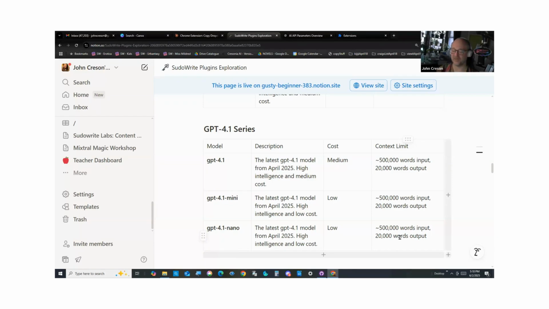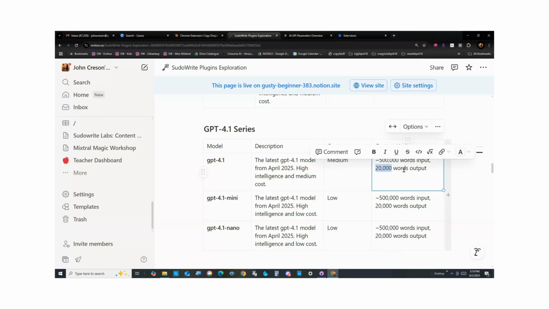You can look at a lot of books for 500,000 words, and then you can spit out a next one in the series. So theoretically, you could do this. I have not been able to actually get the models to spit out 20,000 words. I'm trying, but I'm not getting that yet.